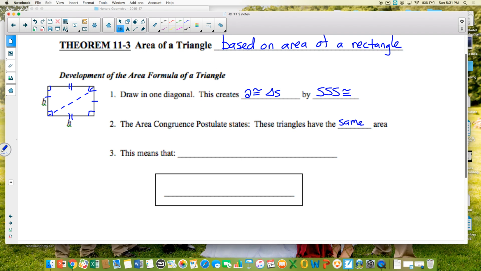So what this means is that the area of a triangle is equal to 1/2 the area of a rectangle.